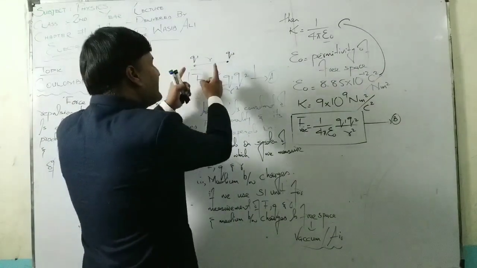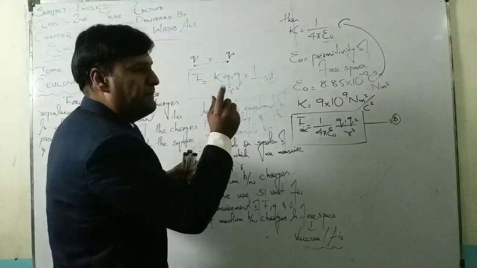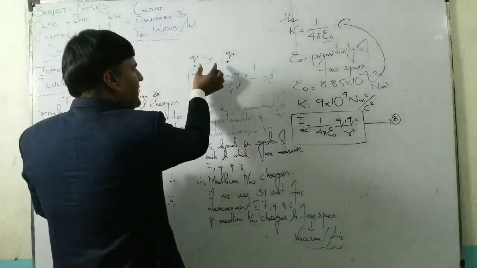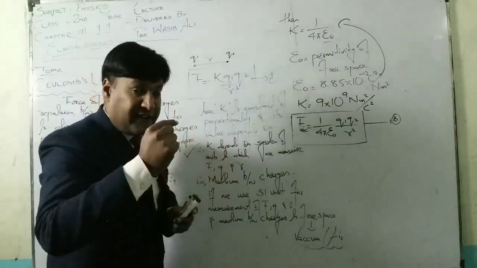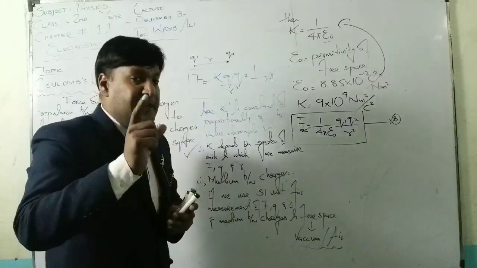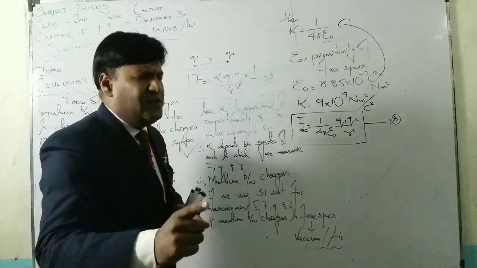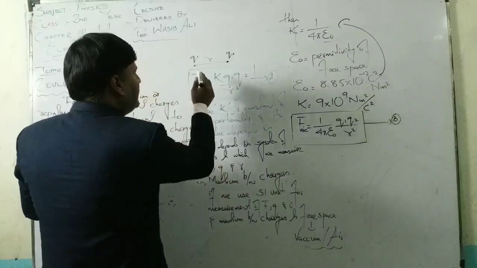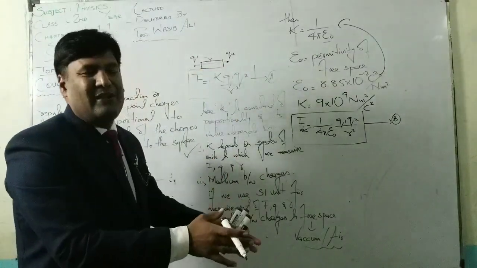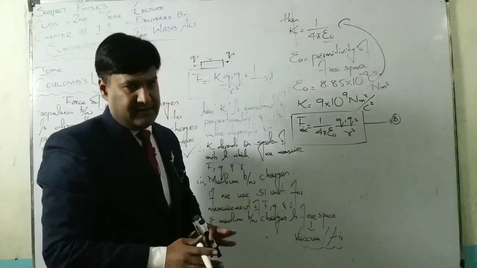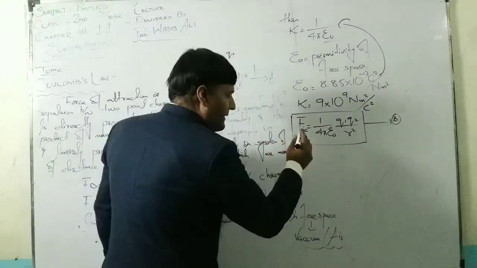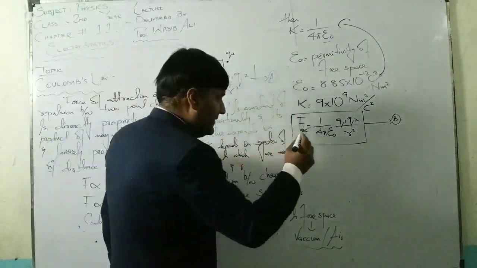If you place some insulating medium, say rubber, plastic, glass or any insulating medium between the charges, then the force of attraction or repulsion will decrease. Keep this in your mind. Then how can you write equation B? I must write a sentence for this.